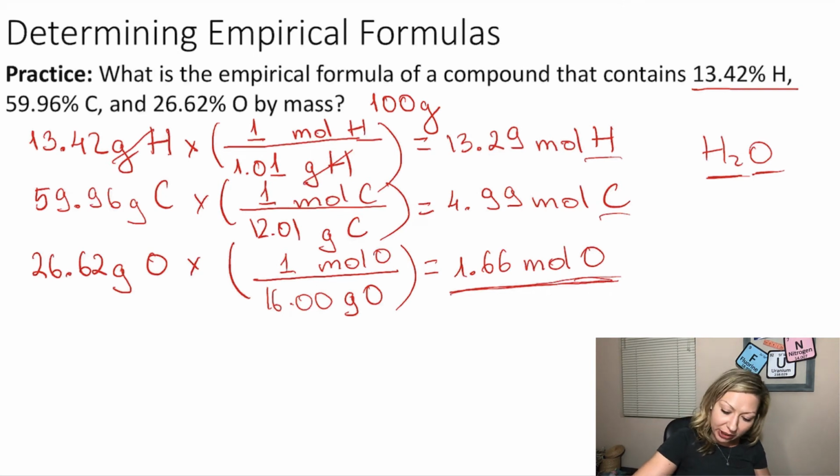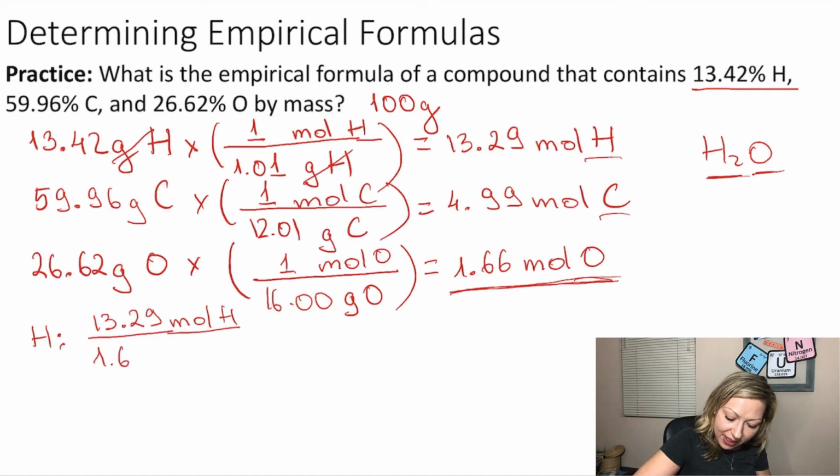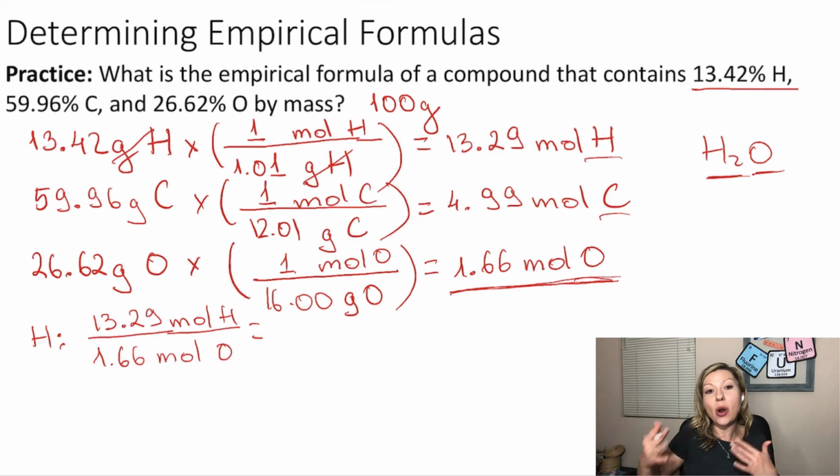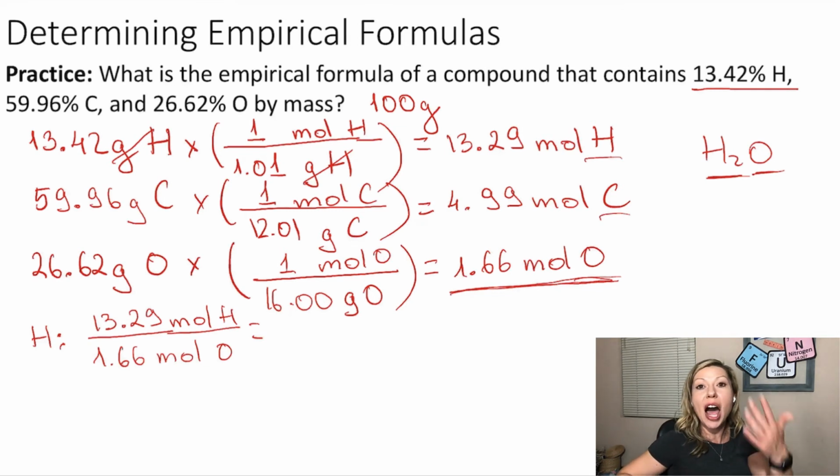So, for example, in case of hydrogen, if I want to calculate the mole ratio, I need to take the moles of hydrogen, which is 13.29 moles of hydrogen, and divide that by 1.66 moles of oxygen. So this is going to give me the ratio of hydrogen to oxygen atoms, or the moles of hydrogen atoms to the moles of oxygen atoms. It's exactly the same thing.